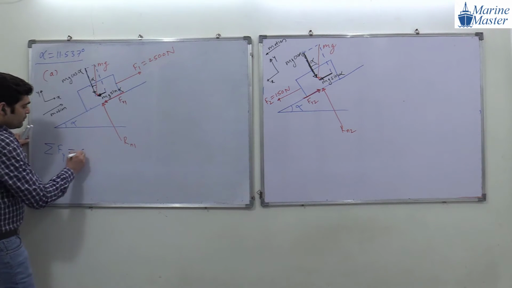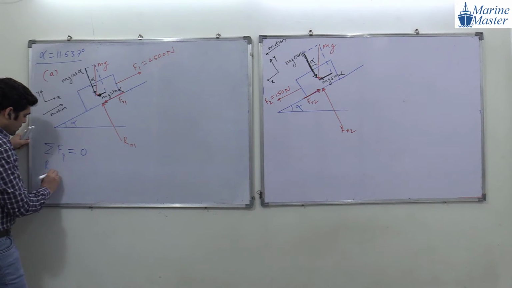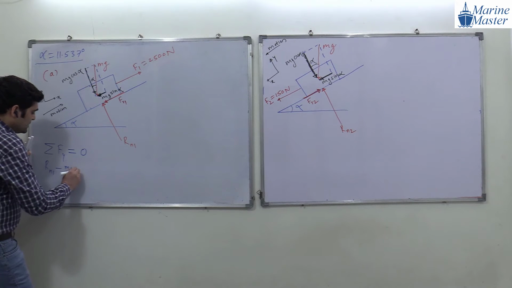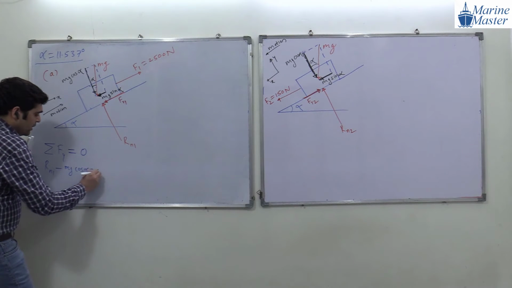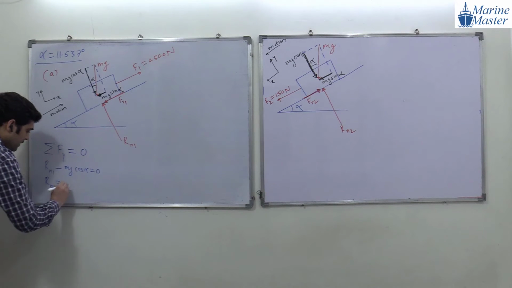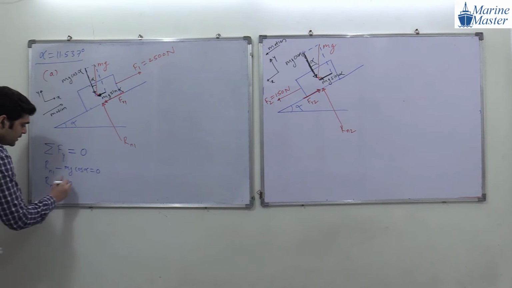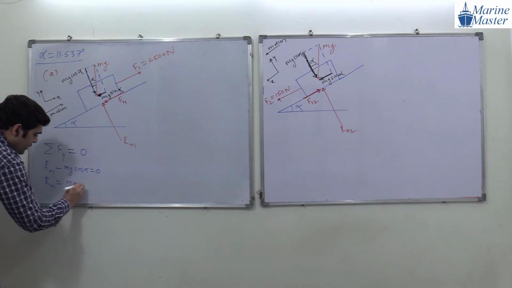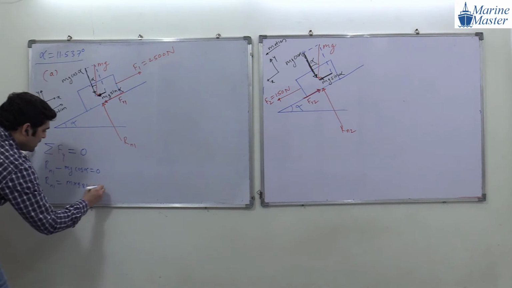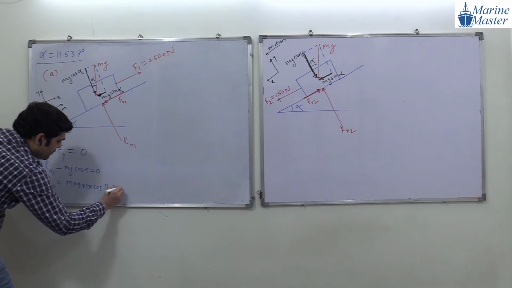Rn1 minus mg cos alpha equal to 0. So Rn1 will be equal to what? m into g, which is 9.81, into cos alpha. What is the value of cos alpha, guys? Alpha is 11.537 degrees.